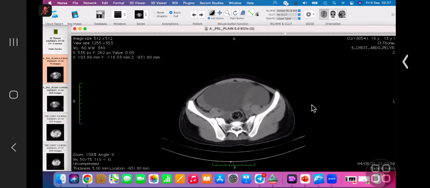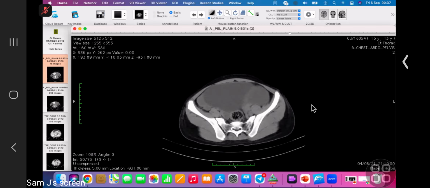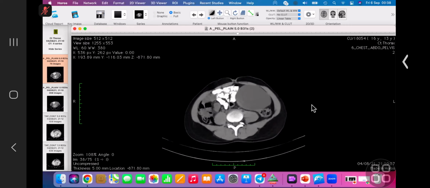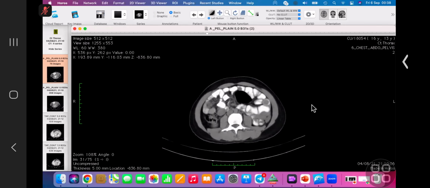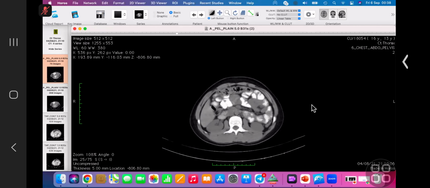So my differential diagnosis for this is a large dermoid lesion arising from the left ovary. In my routine practice, I will check the rest of the images to see if there is any evidence of fat elsewhere to rule out ruptured dermoid.